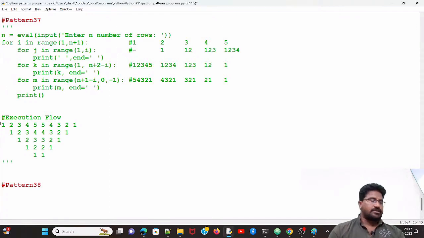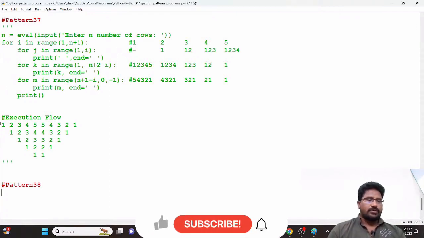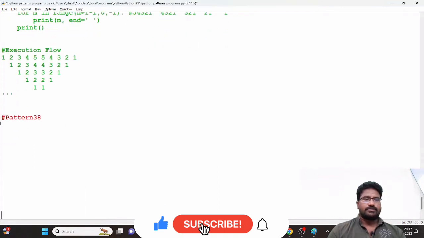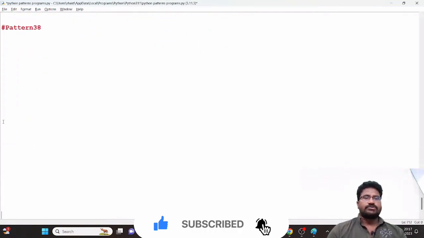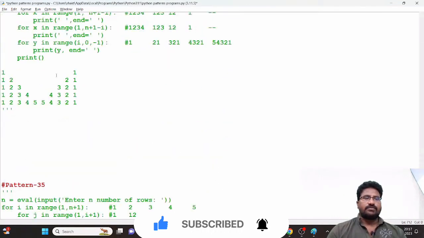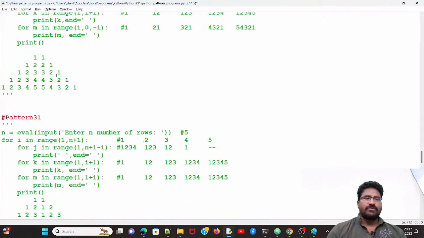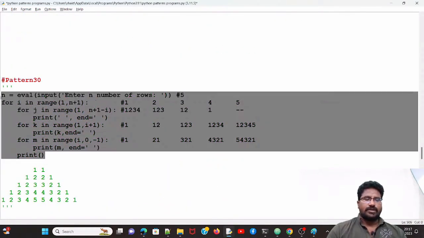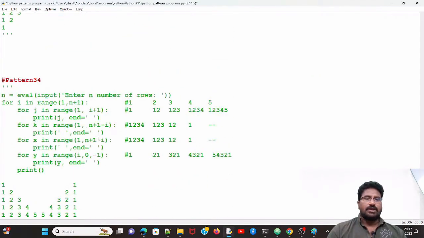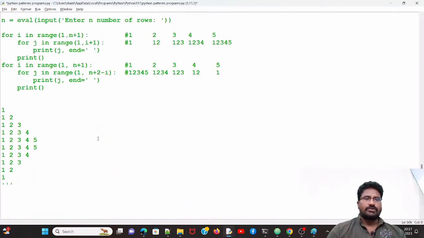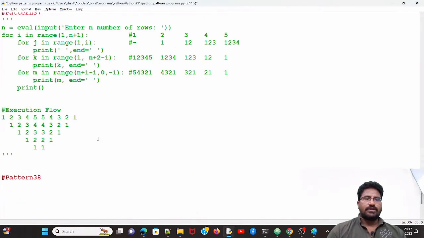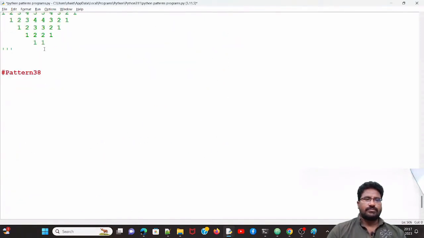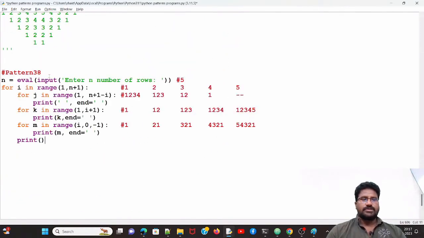Pattern 38, right? We'll try now. Pattern 38. This combination of which one, guys? We have taken 30, 37, right? Okay. Instead of again explaining the same program, it is already available, right? So I take that one. The same program is already available with the complete debugging also, right?